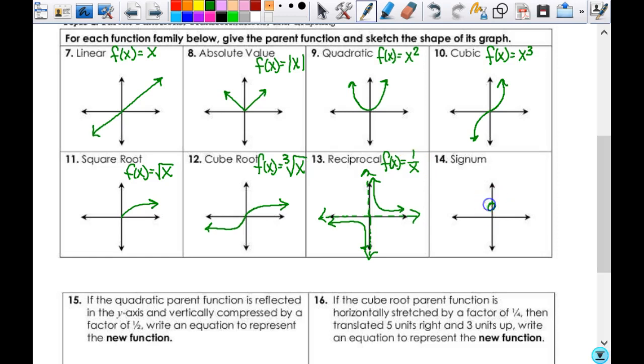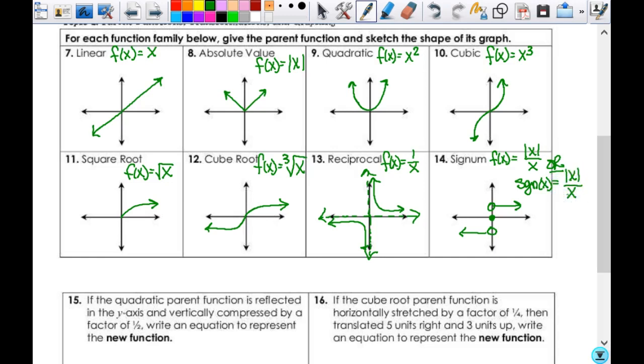Signum looks like this. And we could say f of x equals the absolute value of x over x, or you could write it as the signum of x equals the absolute value of x over x.